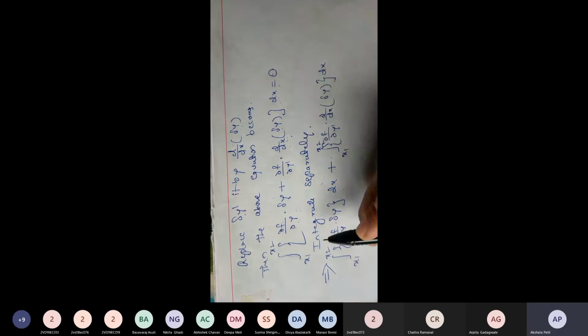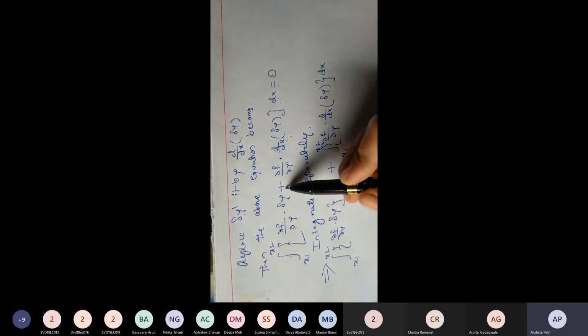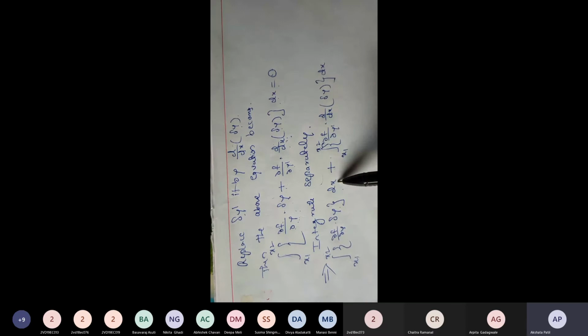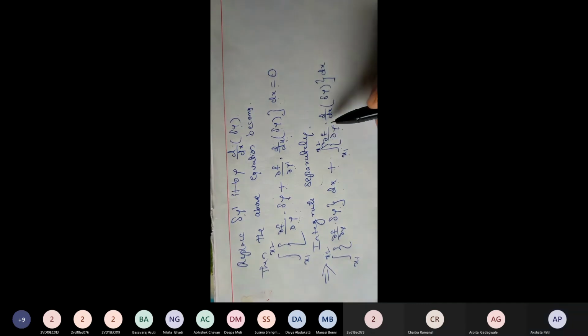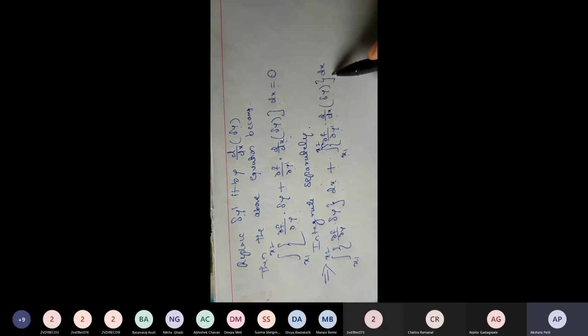So this is integration over x1 to x2 of dou f by dou y into delta y into dx. Now keep this plus sign as it is. Again integrate over x1 to x2. Now the second term is dou f by dou y dash into d by dx of delta y into dx. Now here we have two integrating functions.